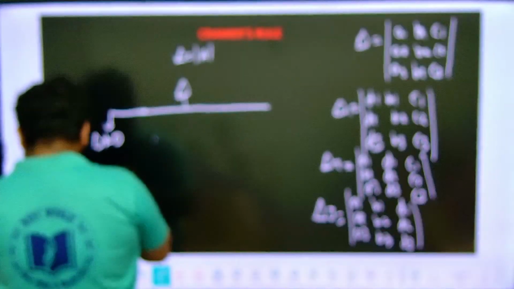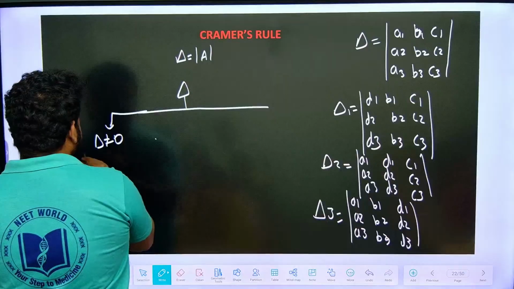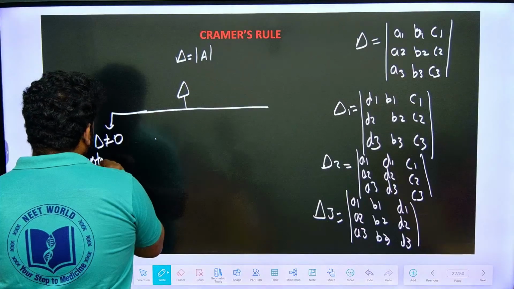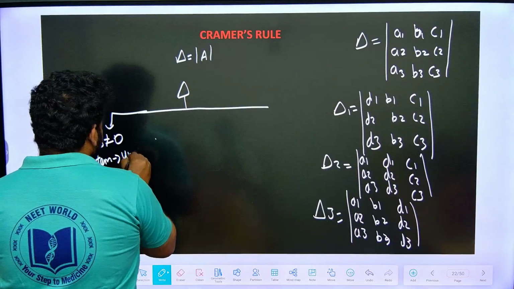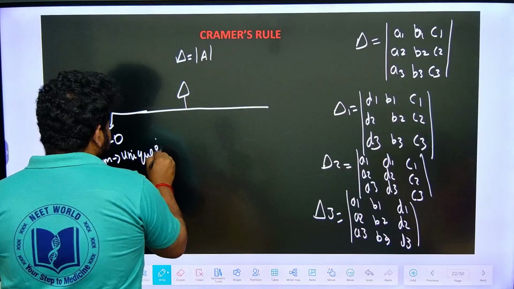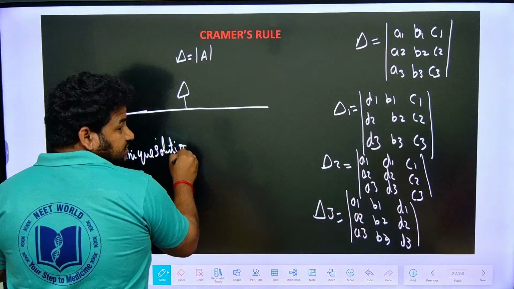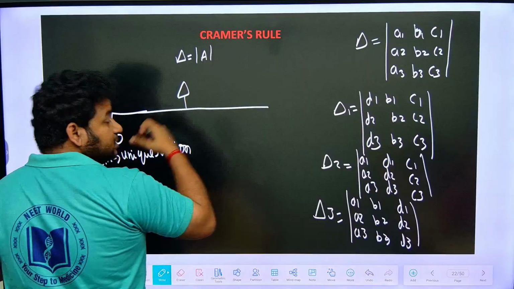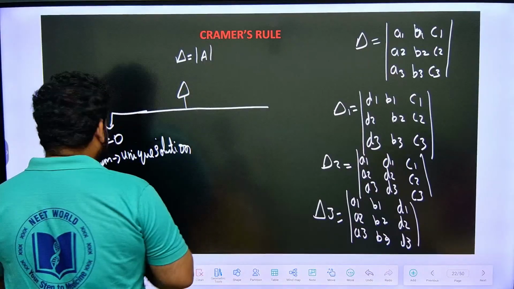Understood? Now, if delta is not equal to 0, what do we say? The system has a unique solution. When delta is not equal to 0, the system has a unique solution.